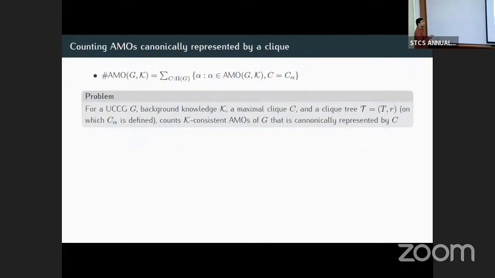So this reduces the problem from counting acyclic model orientations of a graph G into counting those acyclic model orientations of graph G which are represented by clique C alpha.